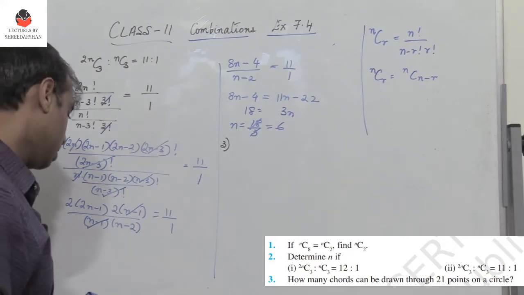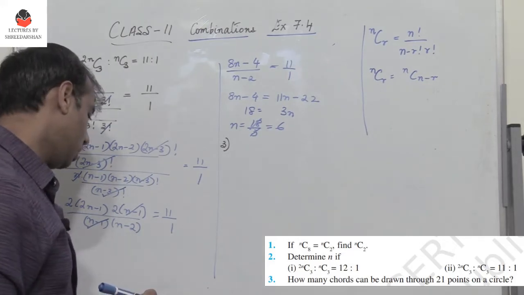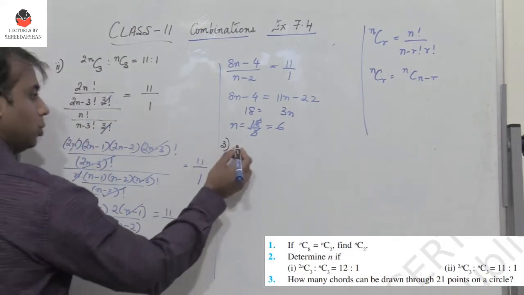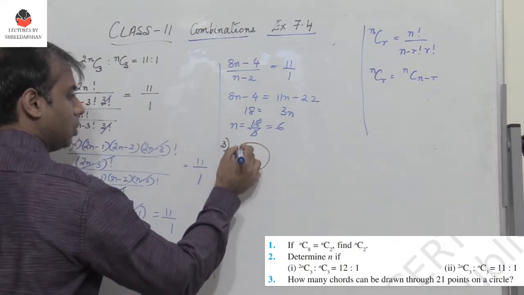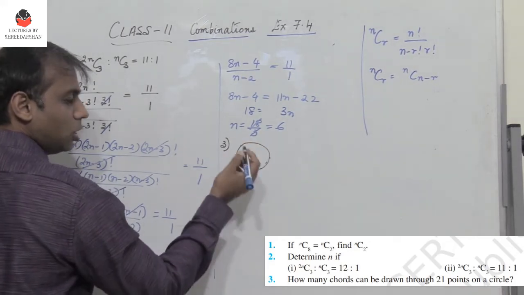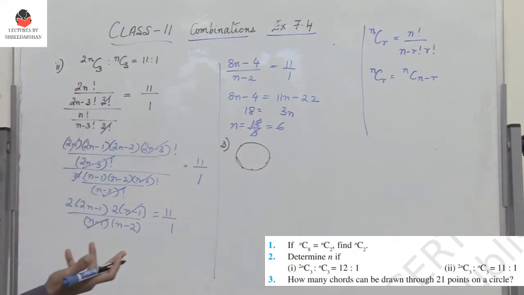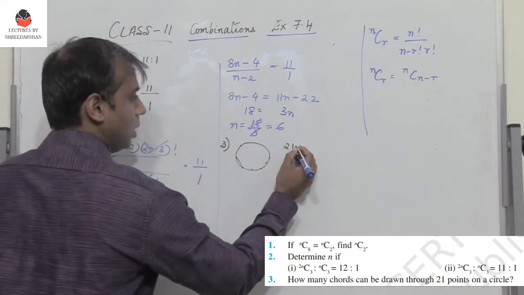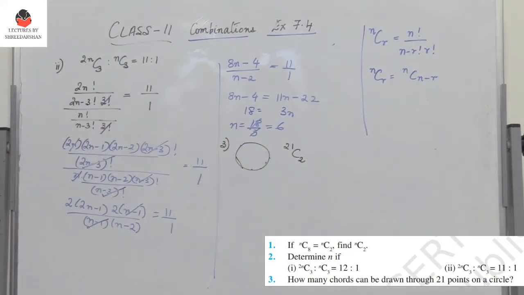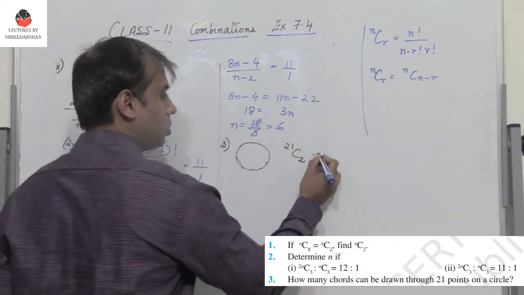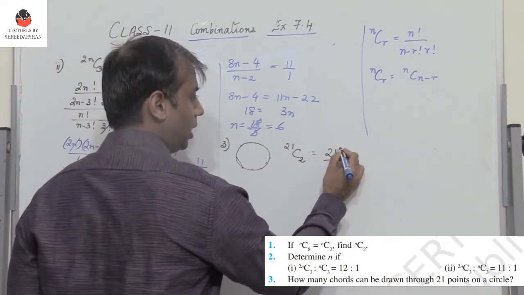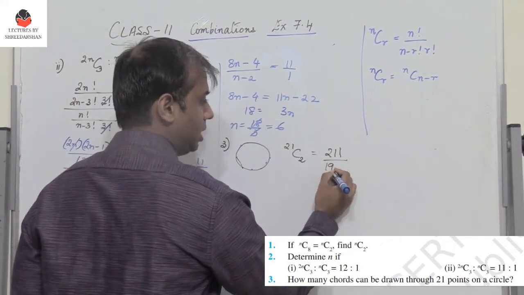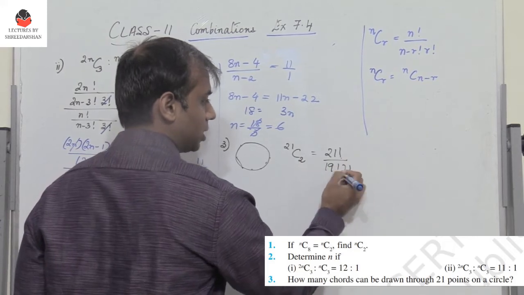How many chords can be drawn through 21 points on a circle? So we have a circle here, there are 21 points. To draw a chord, I have to connect 2 points. So out of 21 points, I have to choose 2 of them, right? So therefore it becomes 21C2. Very simple problem. So this is equal to 21 factorial divided by (21 minus 2) is 19 factorial into 2 factorial.